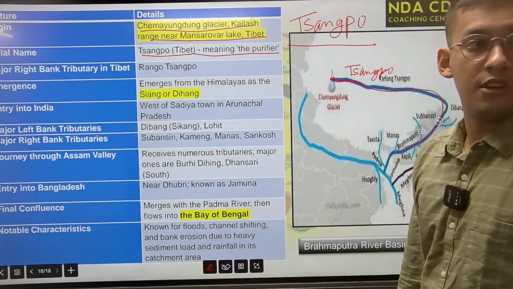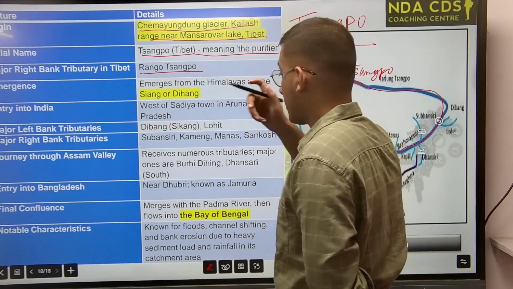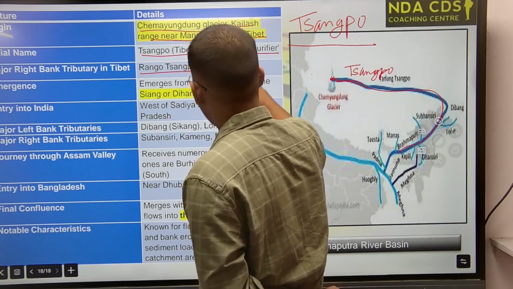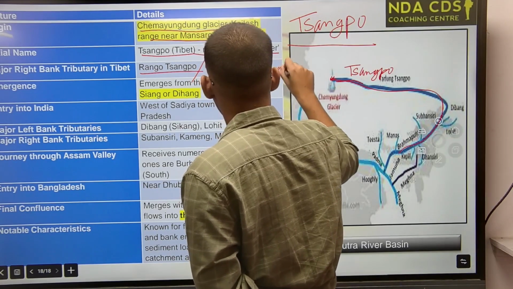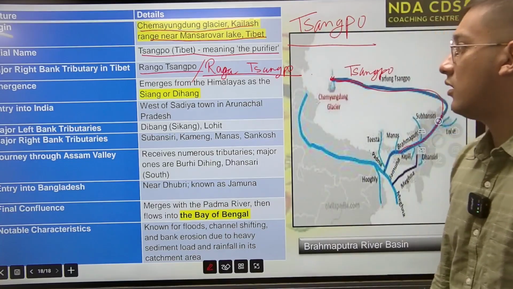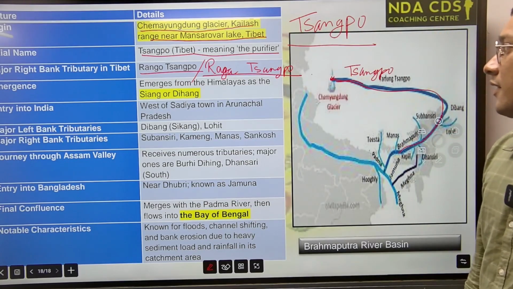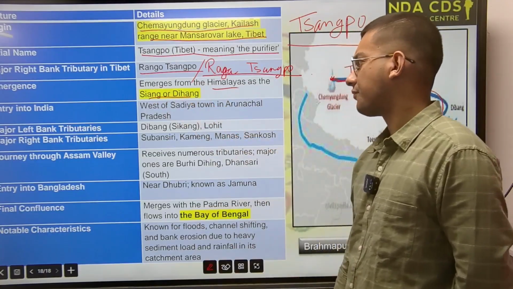The major tributary of Tsangpo River is Raga Tsangpo. It might also be said as Rango Tsangpo. It's the same river. It emerges from the Himalayas as Siang or Dihang.